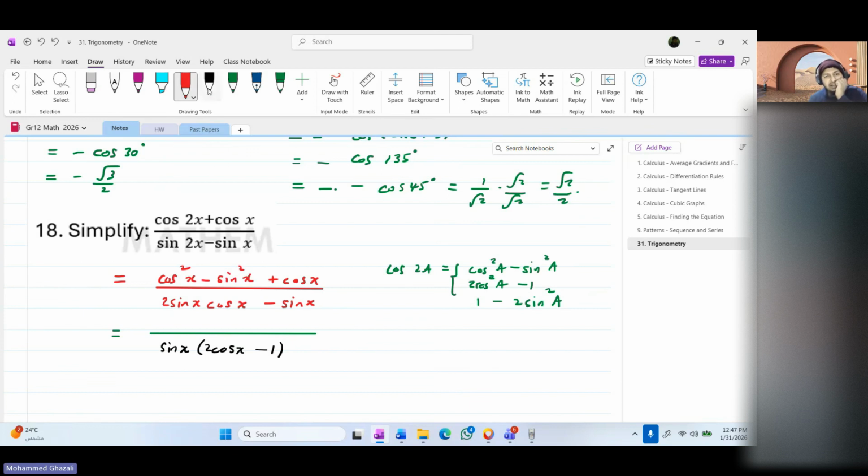Yeah, so I expanded the cos double angles in terms of cos squared minus sine squared. I included both. But now the problem is to simplify this.